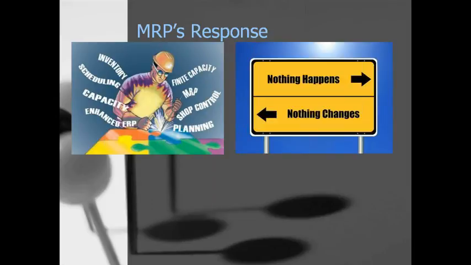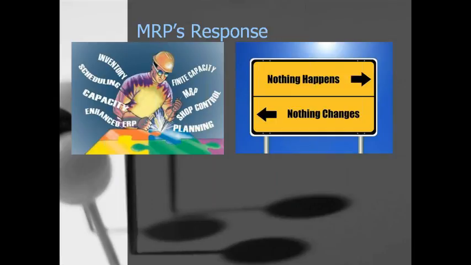All of these changes are being made to the records that MRP uses, the inventory record, the bills of material, the open order files, whether it's purchase order or manufacturing order, the customer order file. All of these files are being changed. MRP's response, nothing happens. Not a single thing happens because of those changes.